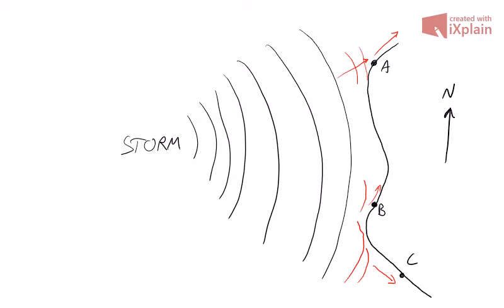Now, the next question is, where would we likely see the largest amount of sediment movement? So remember, the two things that affect the amount of longshore transport that you get are first, the wave height, and then second, the angle that the waves come in at.